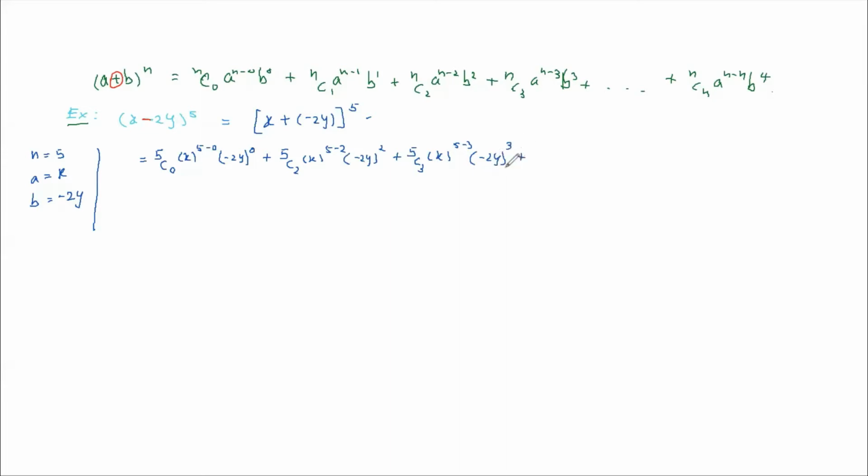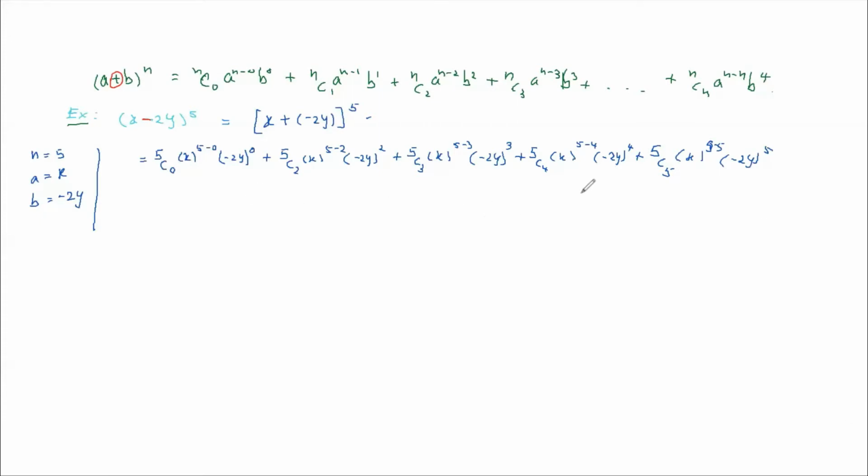Next term: power 5 should have 6 terms. 5C4 x^(5-4) and then negative 2y power 4. Next is going to be 5C5 x^(5-5) negative 2y power 5.